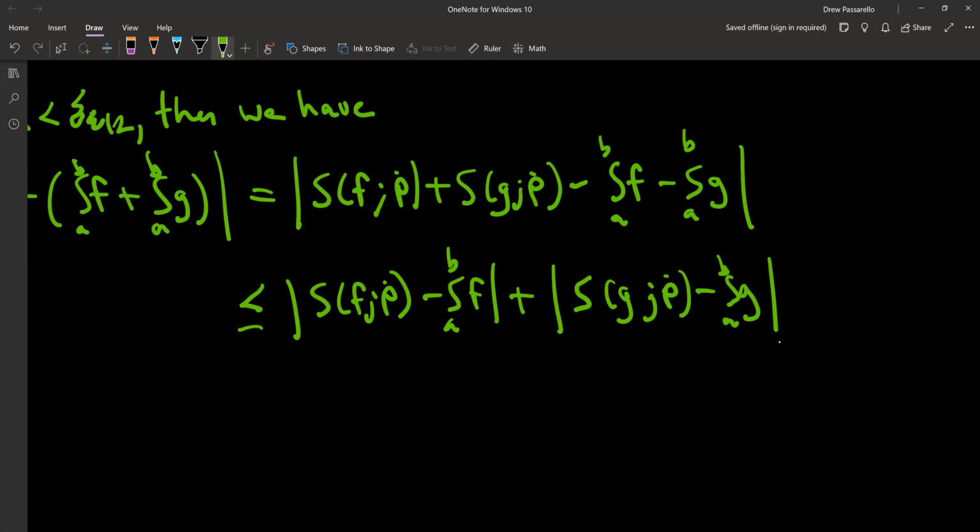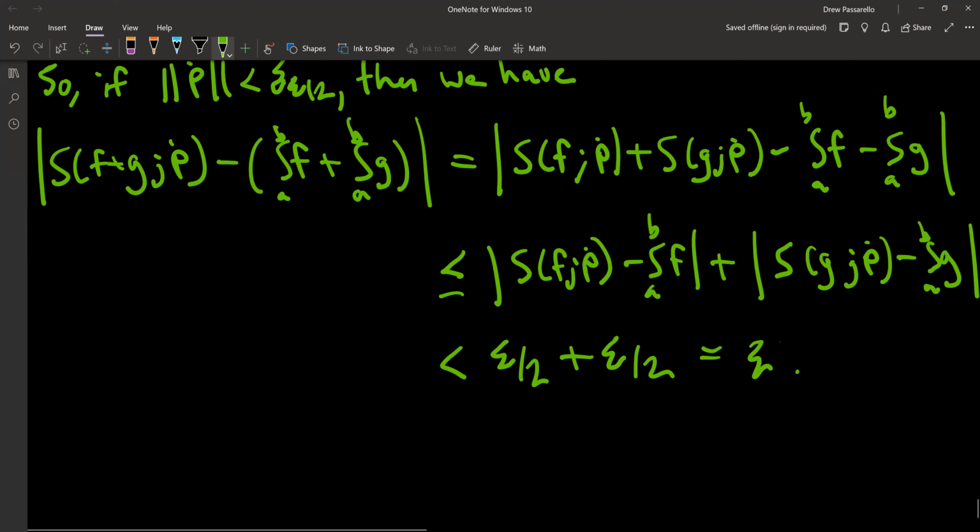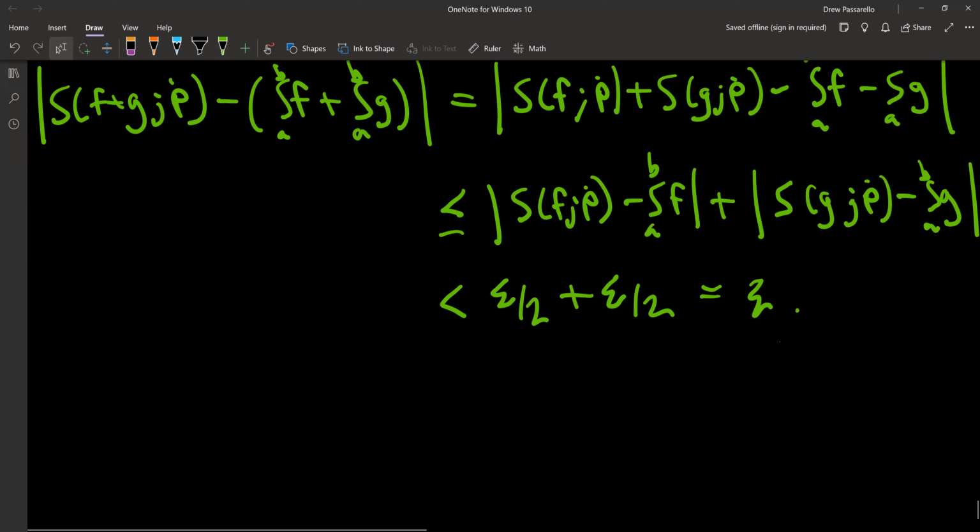And so we know each one of these is less than epsilon over 2. So this will be less than epsilon over 2 plus epsilon over 2, which gives us epsilon. And that's what we needed to show. All right, so the proof is complete.